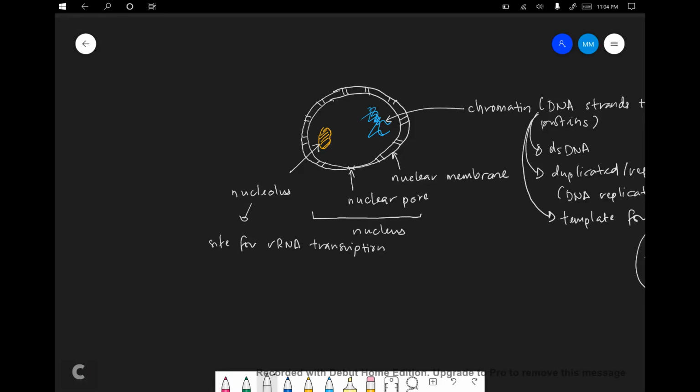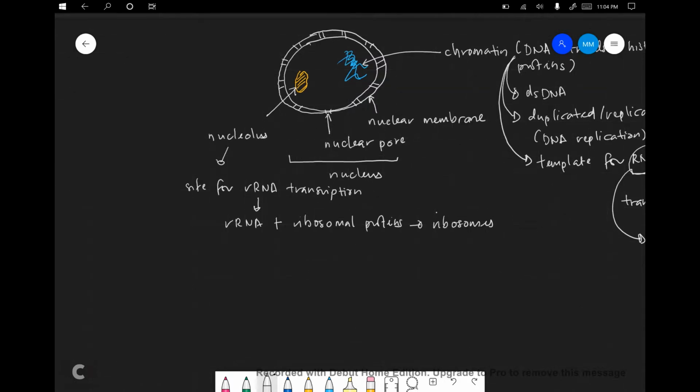Okay, so the product from the ribosomal RNA transcription will be ribosomal RNA, which later on will combine with ribosomal proteins to produce a structure that we call as ribosomes.